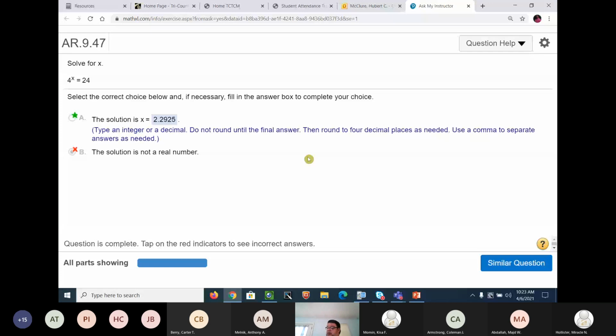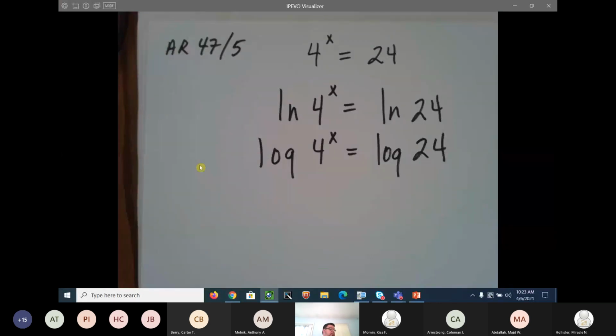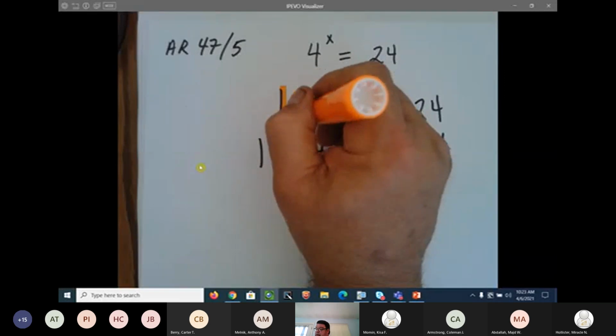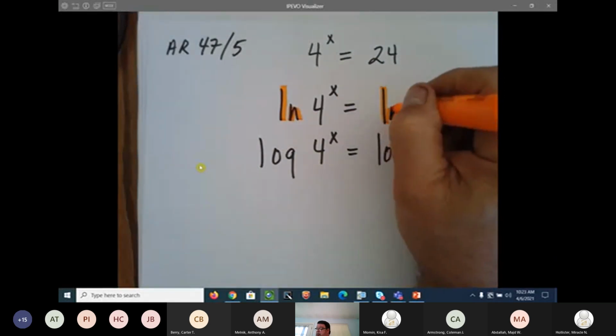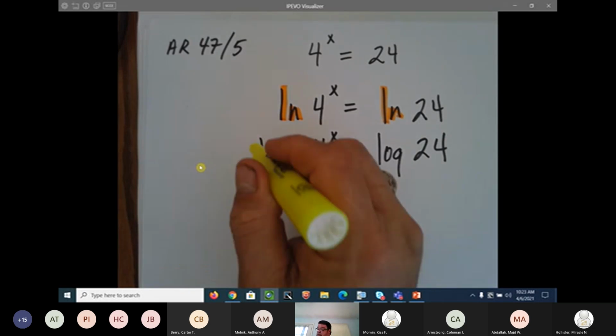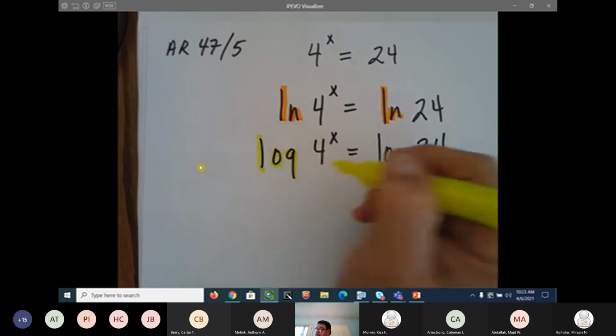Or you can take log of both sides. Okay, so I'm going to put, I got new highlighters. I'm going to go on Amazon and see if they got some different colors though. Or I took the log of both sides.